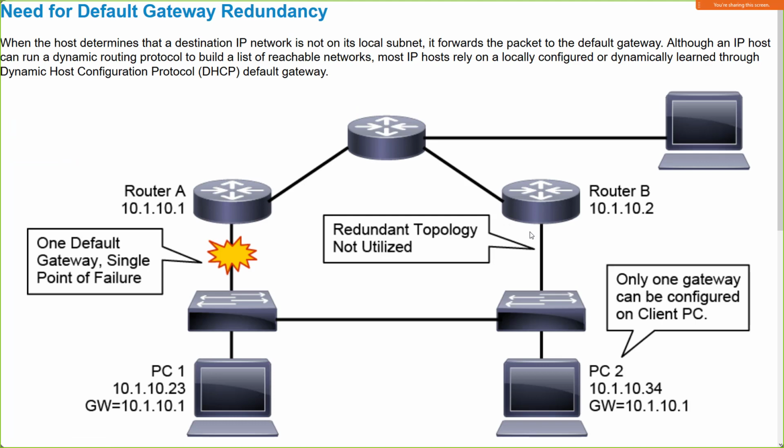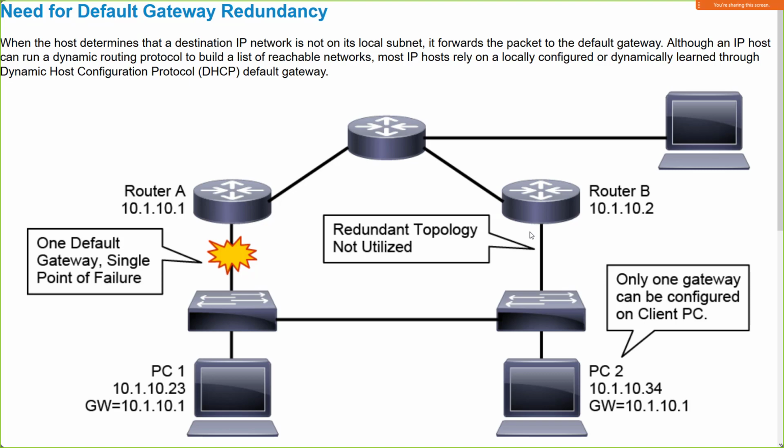So why do we have to have gateway redundancy? When we assign addresses to our PCs, when we assign addresses through DHCP, we assign them a default gateway. And that default gateway is used to reach the rest of the world outside of the subnet. And it's typically either statically configured or we have a single gateway that's assigned through DHCP.